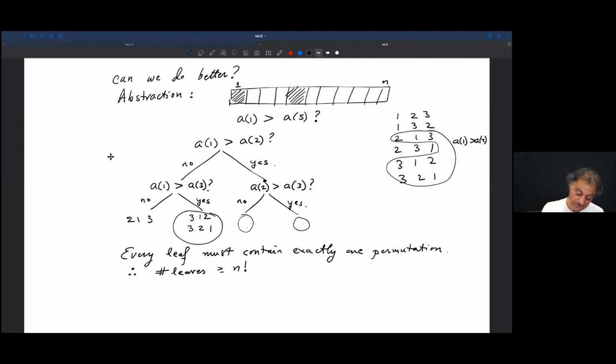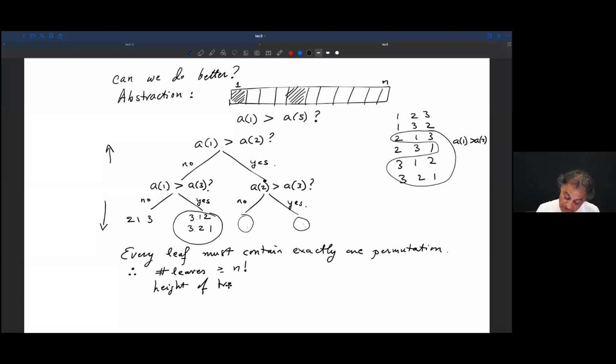And therefore, the height of the tree. Remember, each path from the root to the leaf is an execution, a particular run of the algorithm. So the height of the tree tells us the maximum time this algorithm can take.